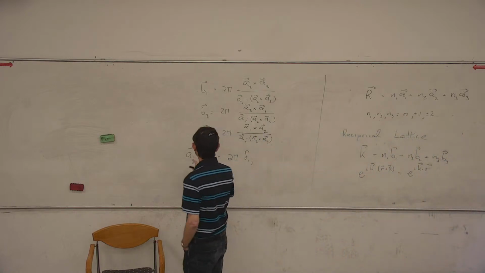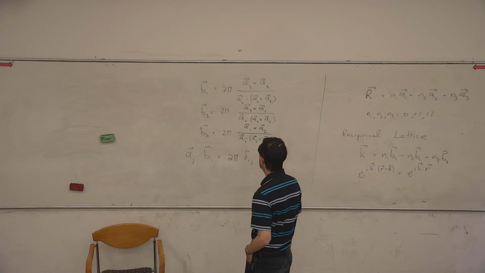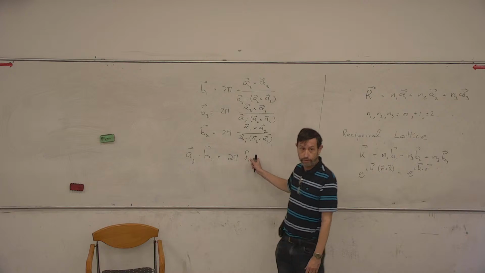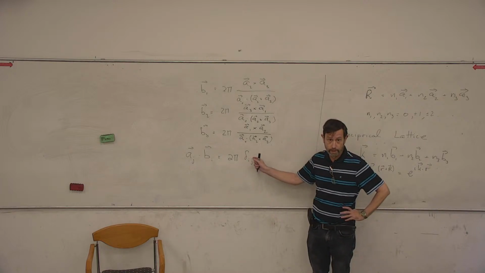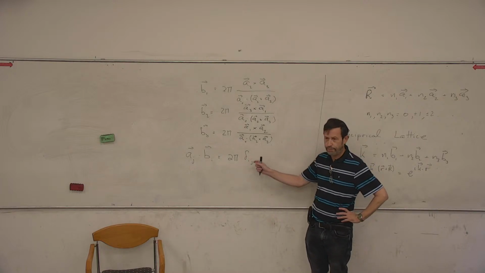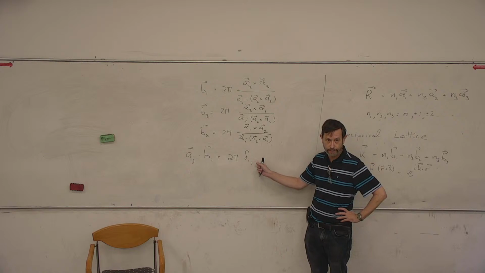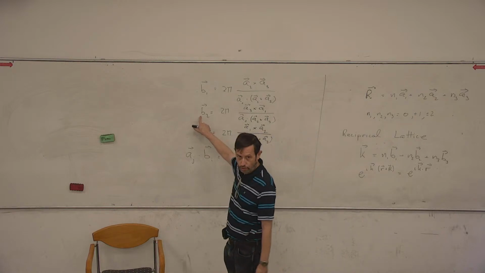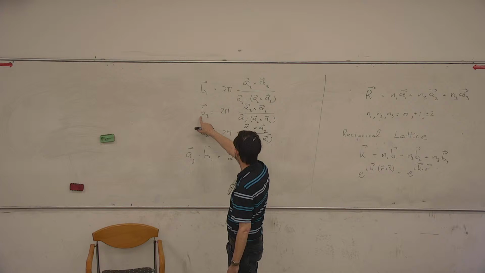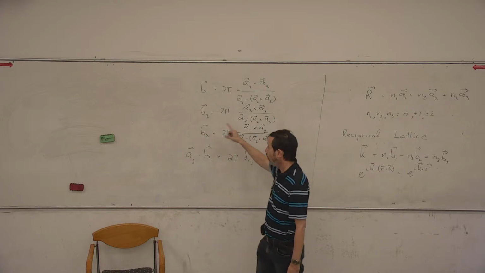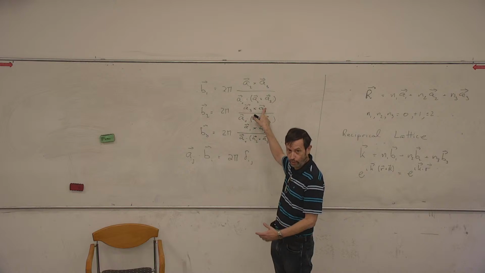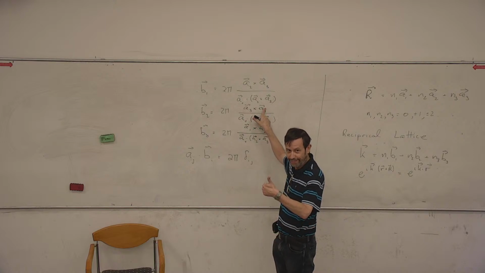Okay, so let's see that it works. Let's check the delta first. This tells you if i is not equal to j, it's 0. Yes, but let's say if I take b2 and multiply it by a1 or by a3, I have a1 or a3 in the cross, so it's perpendicular.